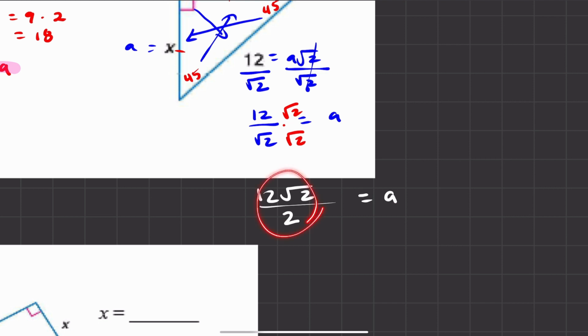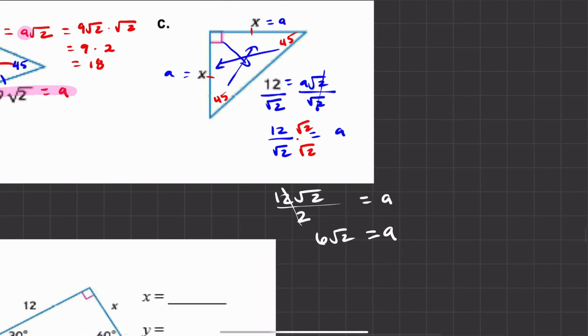But note that we can simplify this: 12 divided by 2 is 6. So 6 root 2 is equal to A. And then I can just plug this into that A over there. So X equals 6 root 2.